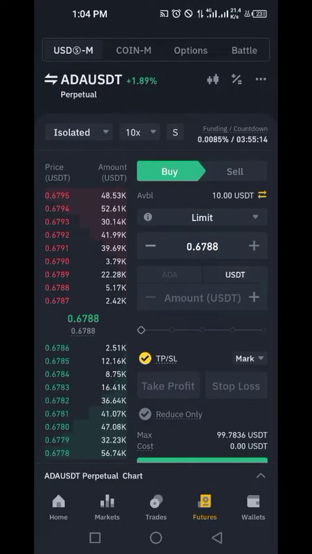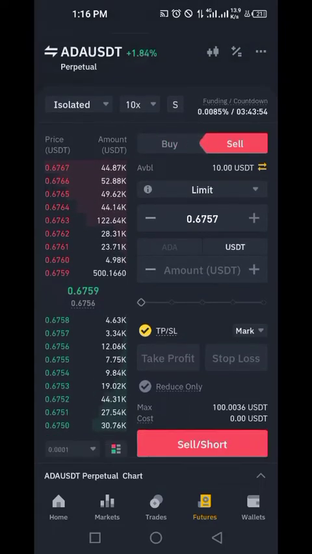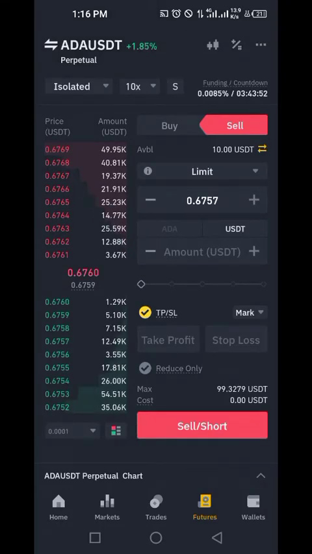So when you are buying a position, you are longing a position, meaning that the asset you are purchasing will be going up. And when you are selling, it means you are shorting a position. As I've said earlier, when you are trading on spot, you only buy, and when it gets to a particular level, you sell.